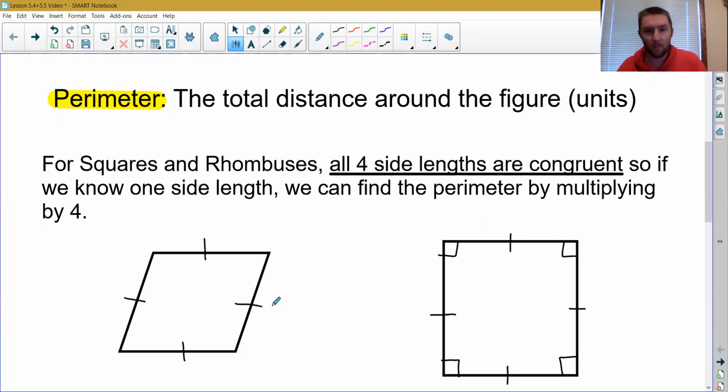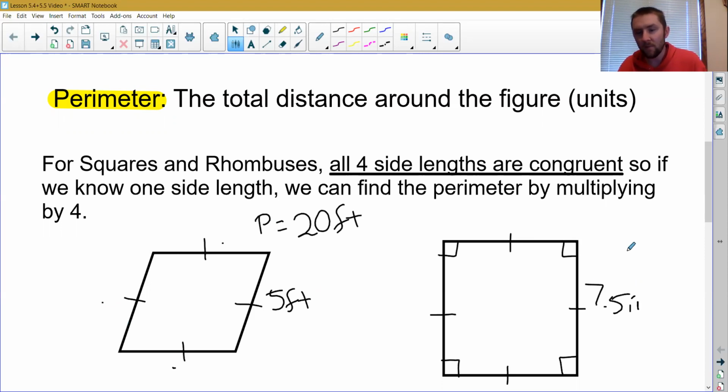If I have a rhombus over here with a side length of 5 feet, the perimeter of this shape would be 20 feet. 5 times 4, 5 plus 5 plus 5 plus 5 makes 20. And for the square, if it was 7.5 inches, the perimeter would be 7.5 times 4, which would be 30 inches. And remember, perimeter gets regular units because we're talking about length or distance around the shape.